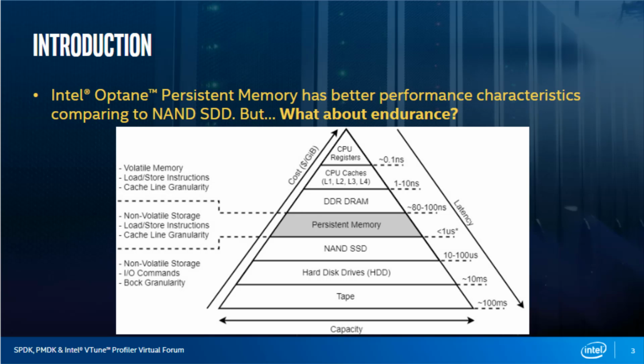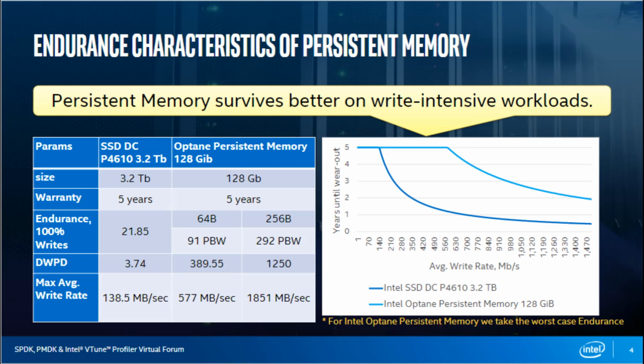On this slide, I just picked an Intel SSD and decided to compare its characteristics with an Optane persistent memory device. So I took a 128 gigabyte DIMM and compared it with the Intel NAND SSD for data centers.